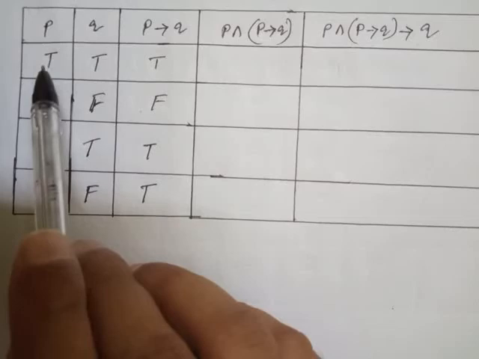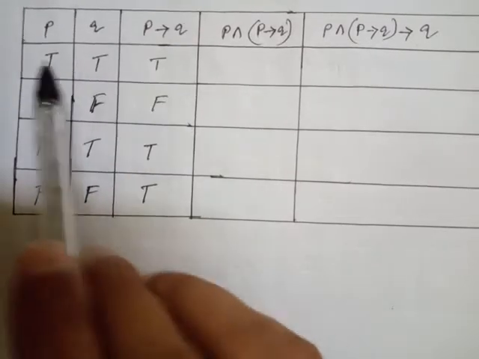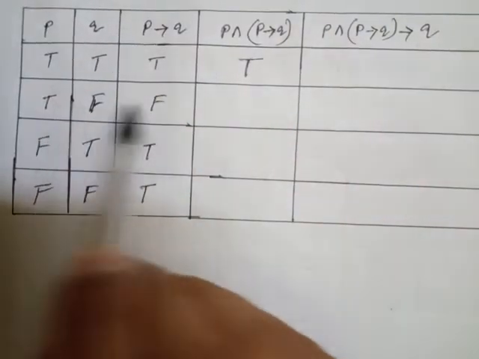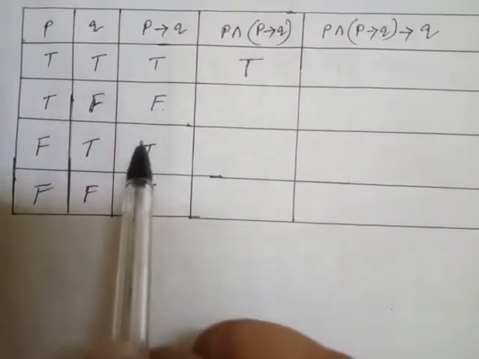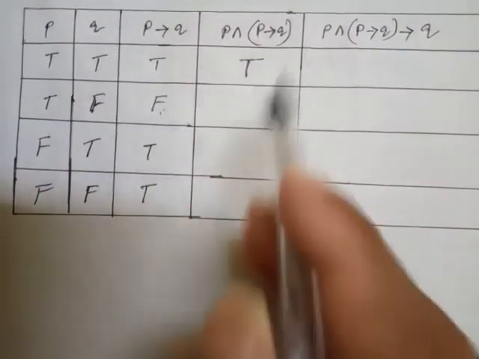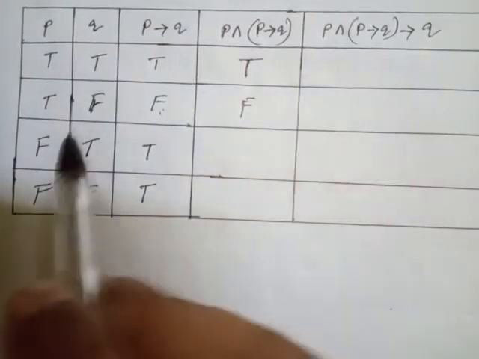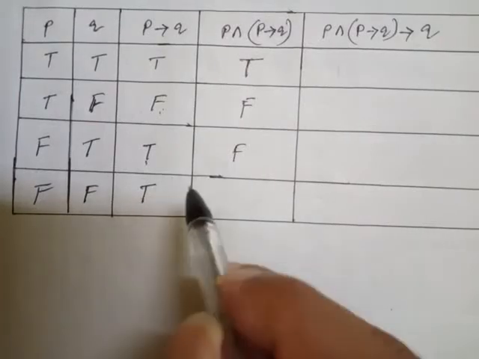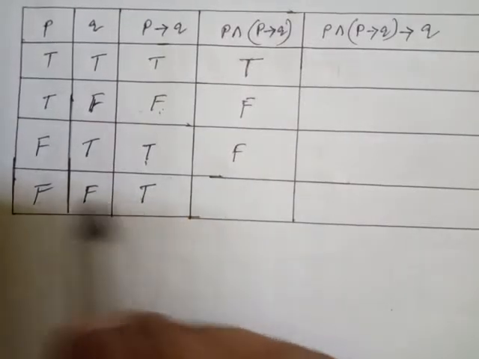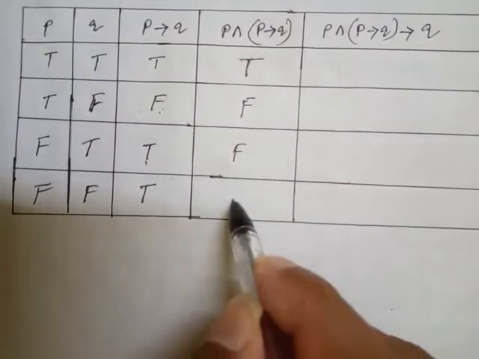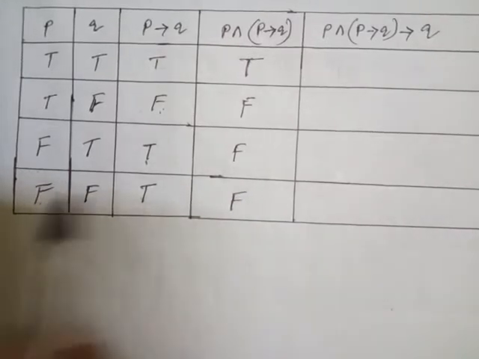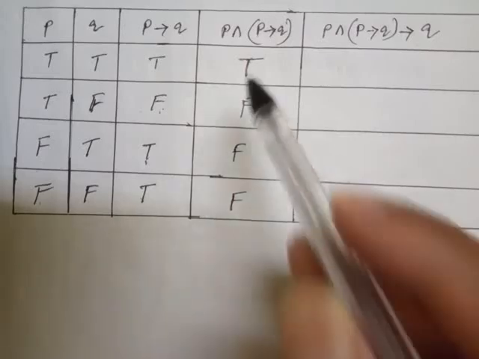Now T and T in conjunction, TT means T. Now TF means F in conjunction. Now FT means F in conjunction, and FT here also means F in conjunction. So this one is over.